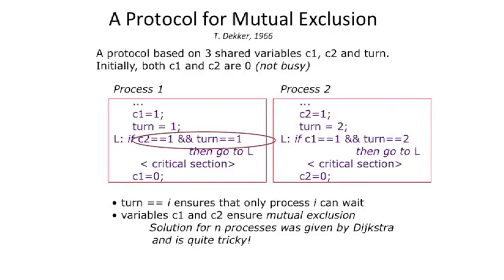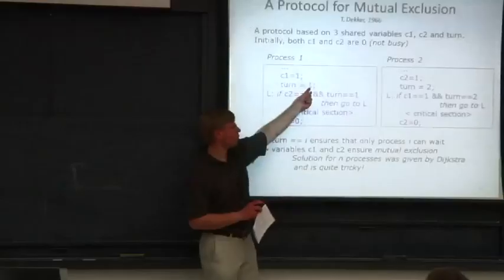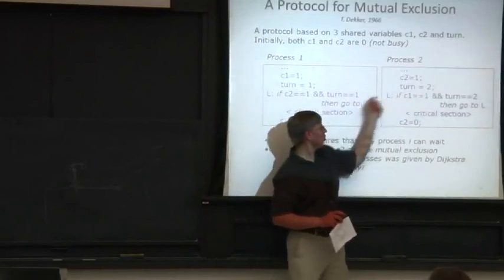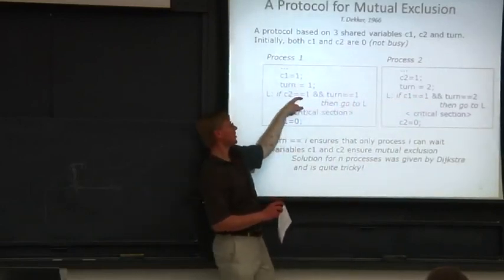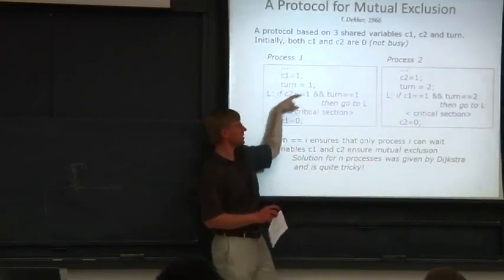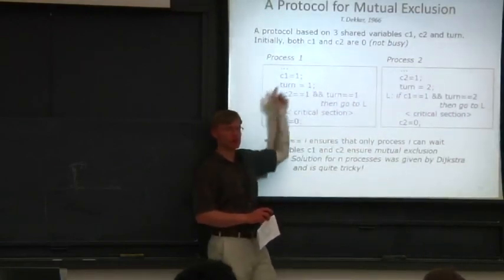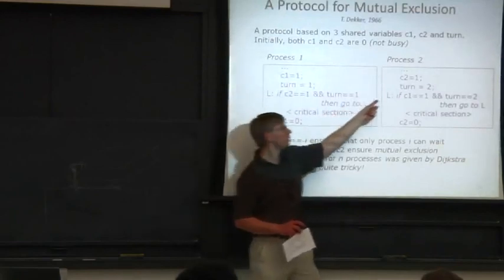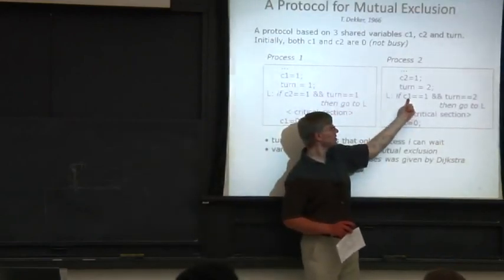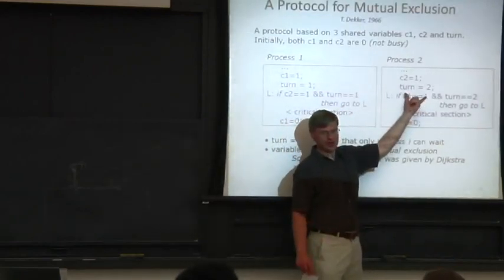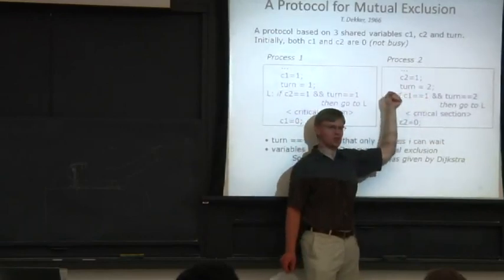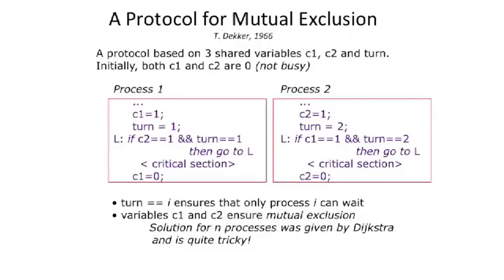And when turn gets set to 1, or rather, let's hold off and look at this. That's going to force this process 1 to sit here and spin forever. And it's not going to be able to go race around a second time. Process 2, on the other hand, C is going to be set to 1. Now, in the meantime, C was 1, and then it was 0, and then it was 1 again.